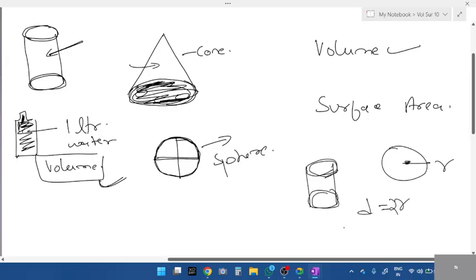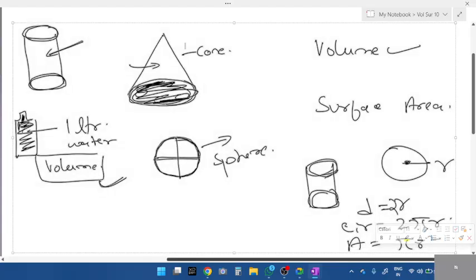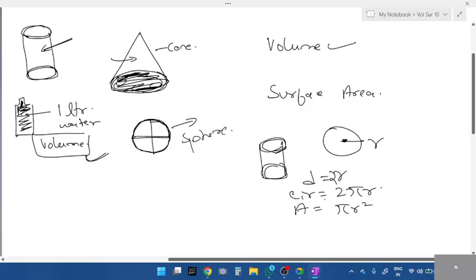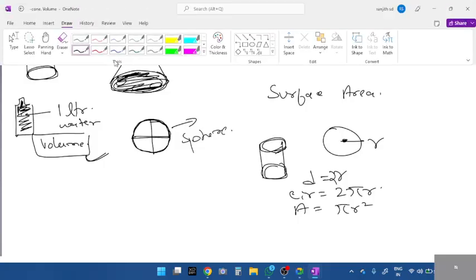For a circle, circumference is 2 pi r. Area is pi r square. Most of the formulas are related to circles. We derive most of the formulas with respect to the circle. Yes, make a note. Surface area means the outer surface, which we can touch. These are the two types of topics we have.